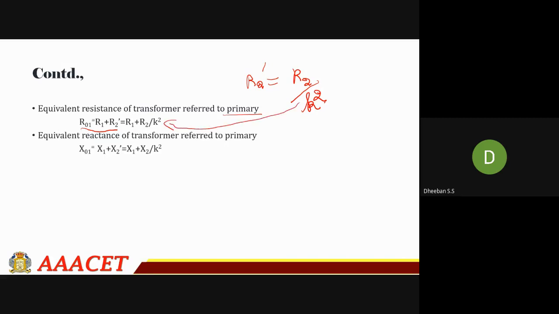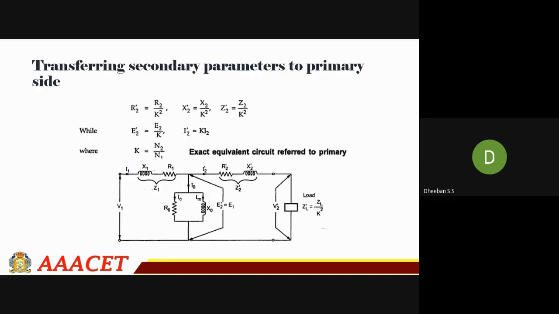The same thing is applicable for inductance. How we found the resistance, the exact same thing is applicable for inductance also. Now we are transferring the secondary parameters to the primary side.